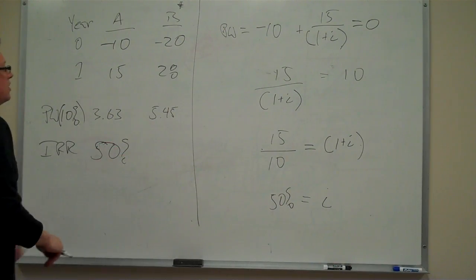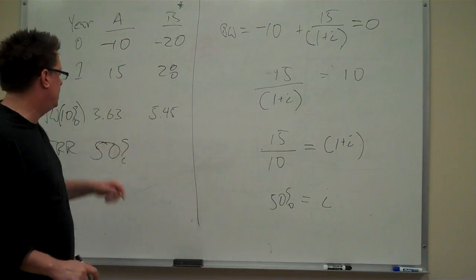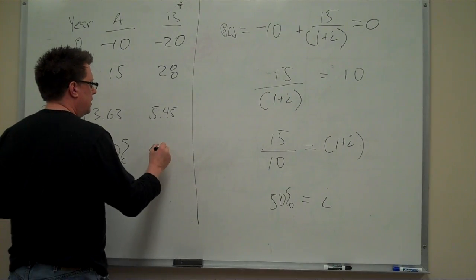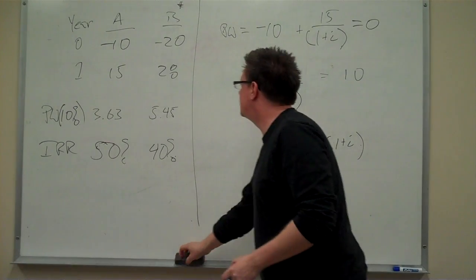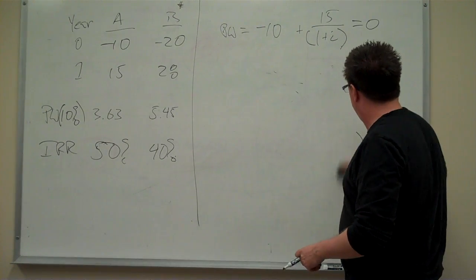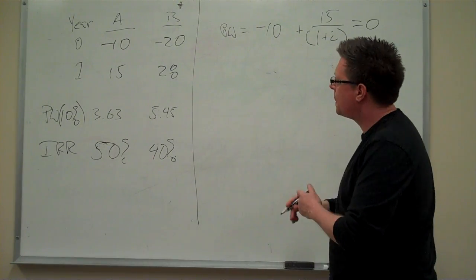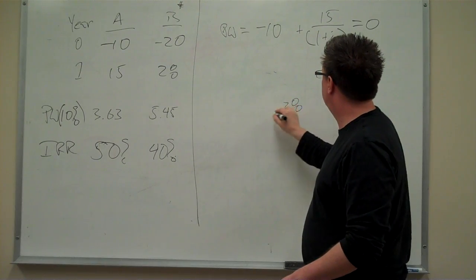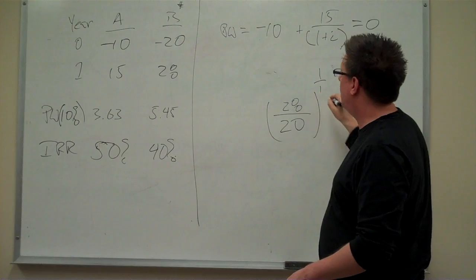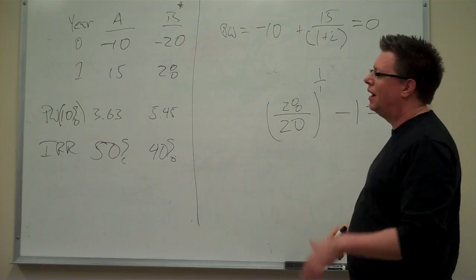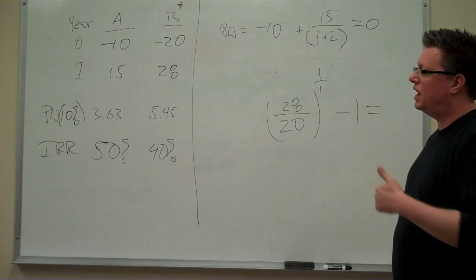Now the internal rate of return on this asset over here, if you follow a similar procedure, is 40%. You can think of this simply as 28 on 20 raised to the power of 1 on 1, less 1. And that gives you the internal rate of return of asset B.